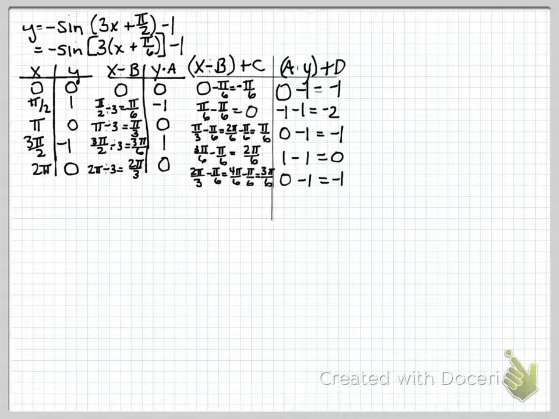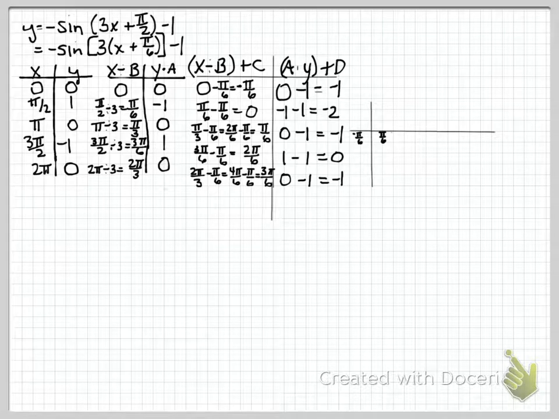Okay, let's scale it. Let's graph this, as I make my axes here. So we're going to count by pi over 6, so negative pi over 6 goes right here. 0, pi over 6.